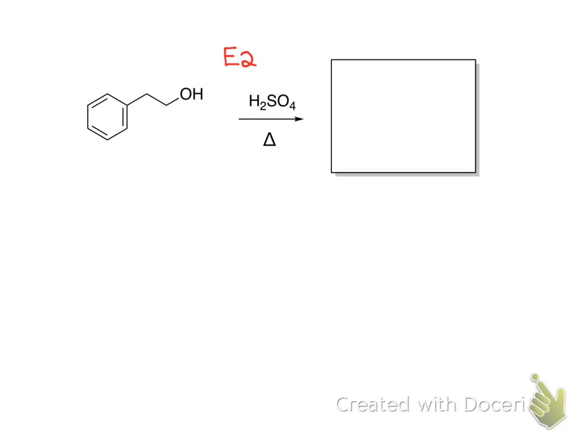Okay, so predicting the product of an E2 is pretty straightforward. Essentially what we're going to do is draw the exact same molecule we had to begin with, like so, without the OH. And just as a quick note, sometimes counting carbons, in this case using the benzene ring as a placeholder, is really helpful because you can make sure you've got the correct number of carbons in your product.